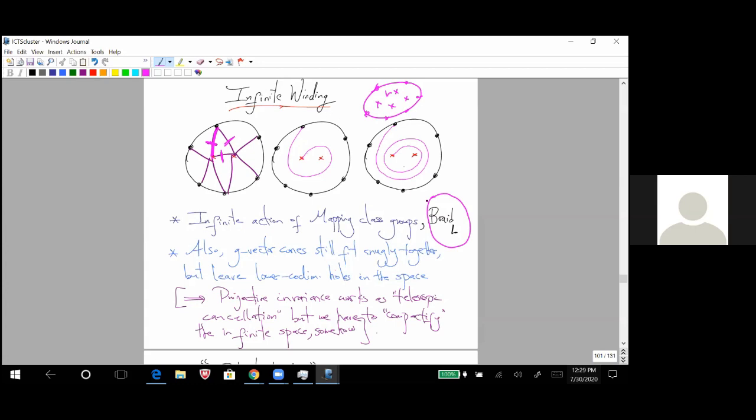Okay. Now, as I've said a few times, also, the G-vector cones still fit snugly together, but they leave lower codimension holes in the space. So we saw that in our previous example, that everything asymptoted in the direction delta, and so there was something that was missing that was not covered by the G-vector cones, but is lower codimension.